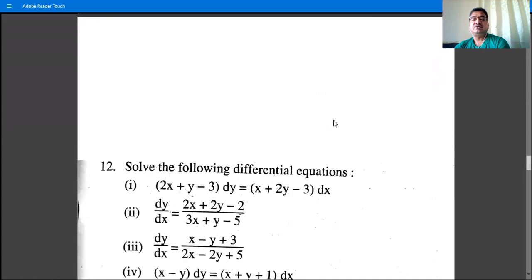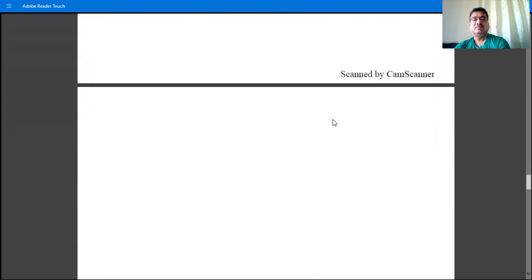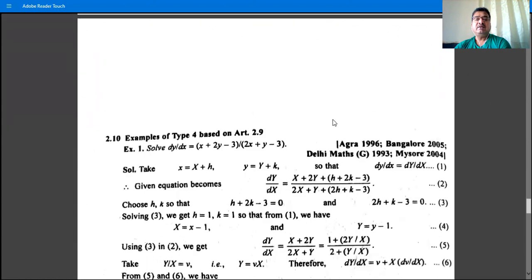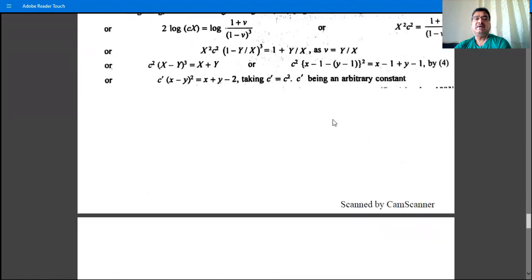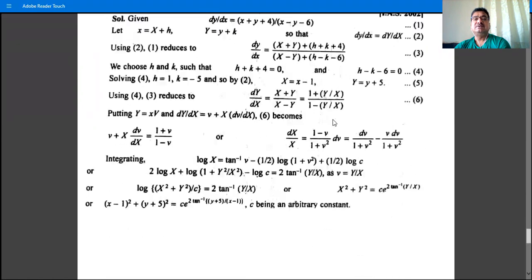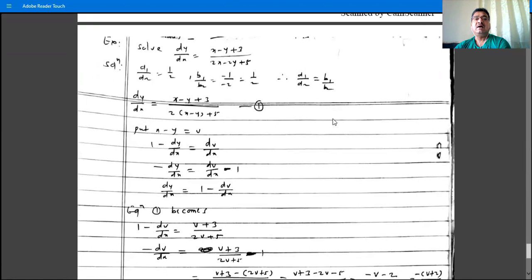But if the ratio a1 by a2 is equal to b1 by b2, then we have to substitute a1x plus b1y is equal to v. And after that substitution, the example reduces to direct variable separable form. So this is the non-homogeneous differential equation. If a1 by a2 is equal to b1 by b2, then after substitution, we have the variable separable form.